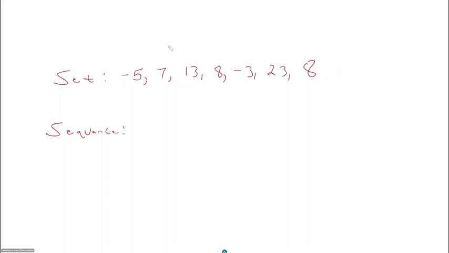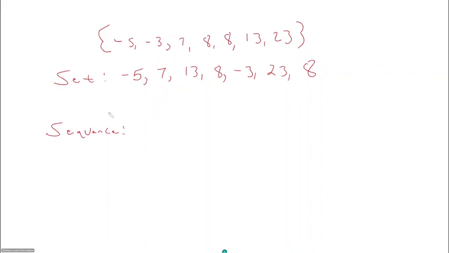So if I want to move these numbers around, I can do that. I usually prefer to do that because I like arranging my numbers in ascending order. So if I wanted to arrange this set of numbers as -5, -3, 7, 8, then the other 8, then 13, then 23, I could do that and there'd be no problem with doing that.